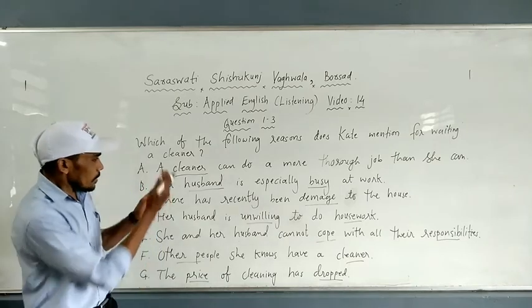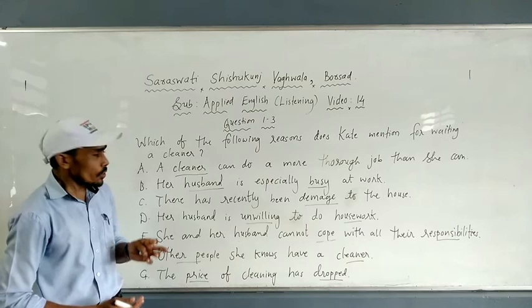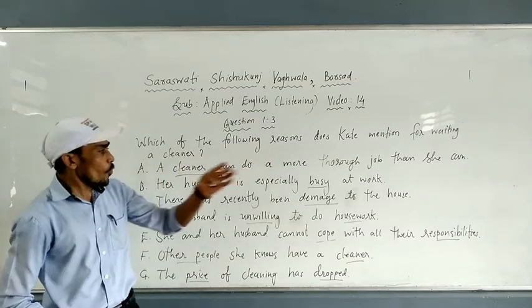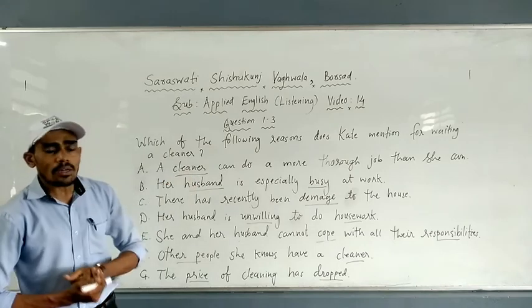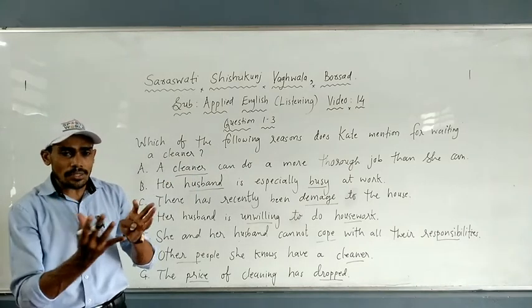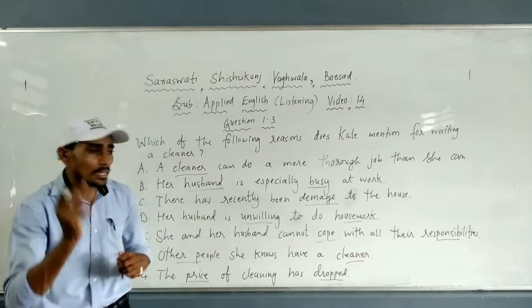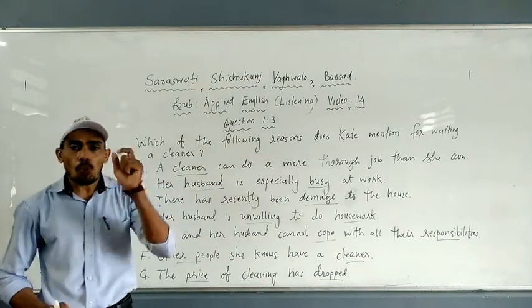Okay, let's read the question. Which of the following reasons does she mention for wanting a cleaner? Now, what are the reasons mentioned in the conversation? And you need to take anything, right? Because here it is questions 1, 2, 3.